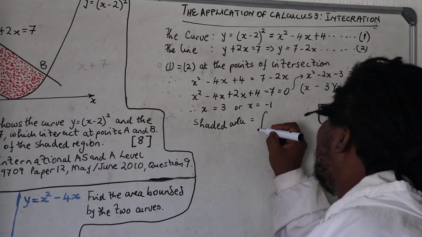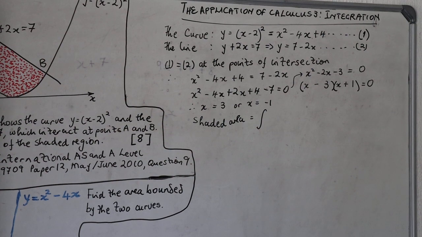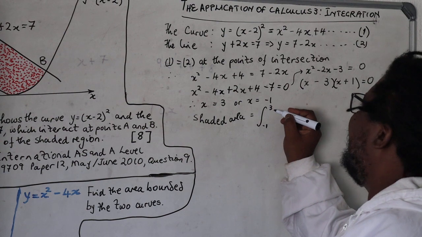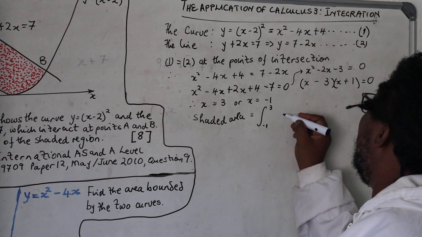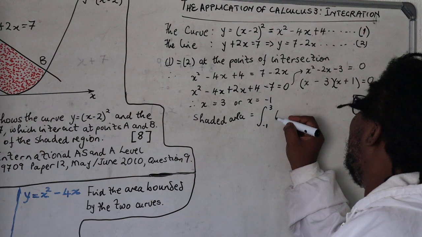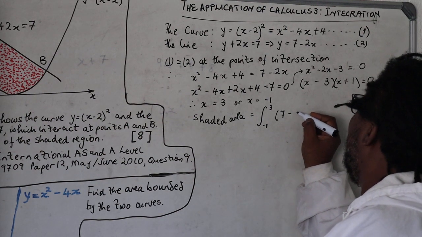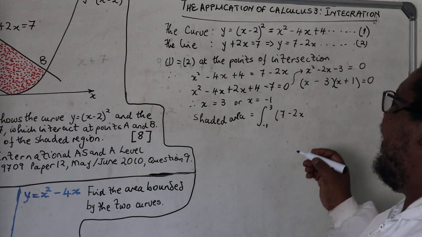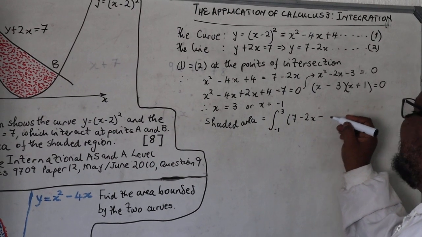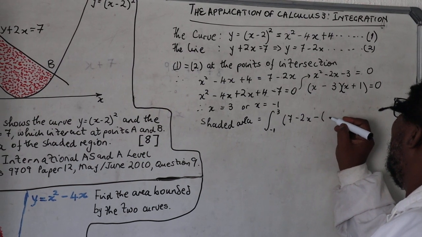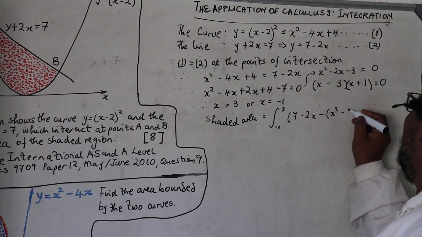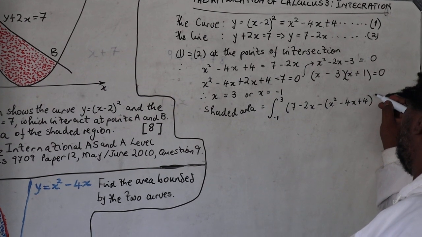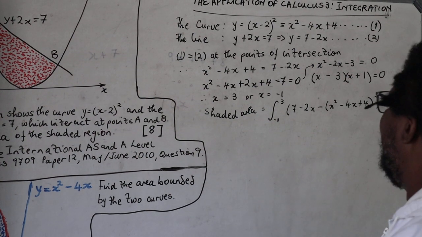So the shaded area equals to, we integrate with respect to x from minus 1 to 3, and we have 7 minus 2x, which is the upper bound, minus bracket x squared minus 4x plus 4, which is the lower bound, and close brackets.